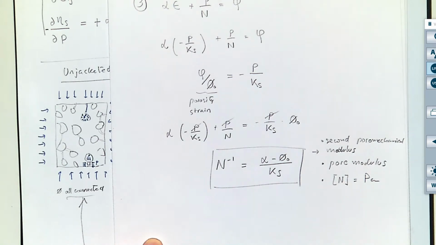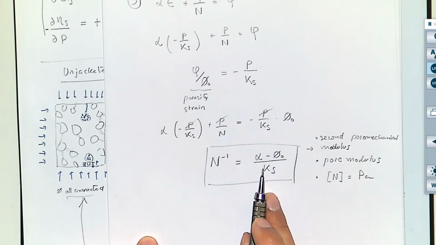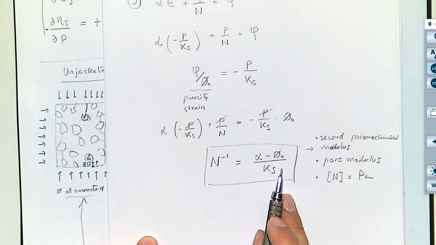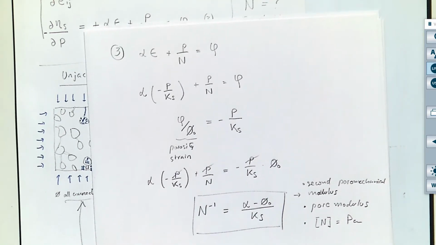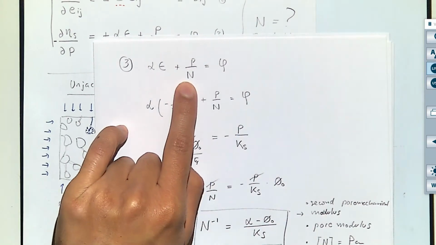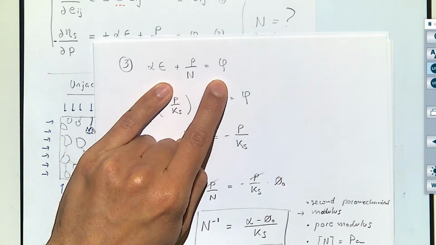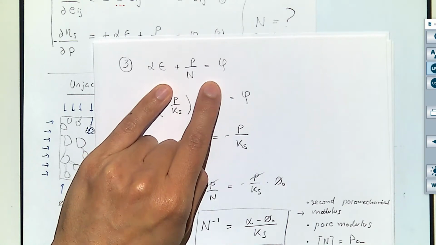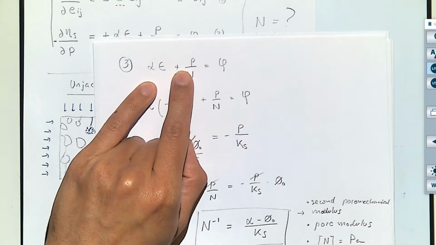N is a modulus. And because it is a modulus, it has to be a positive value. The Pore Modulus is this thing. It's kind of difficult to describe conceptually, but when you have a change of porosity in a porous solid, it tells you how much contribution you have out of a change of pore pressure.